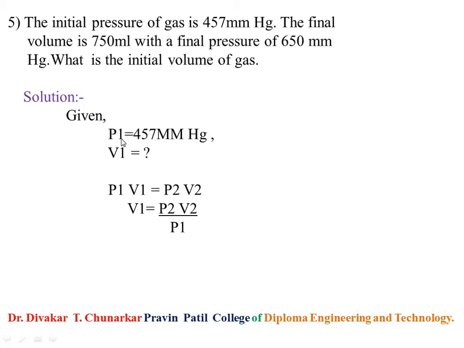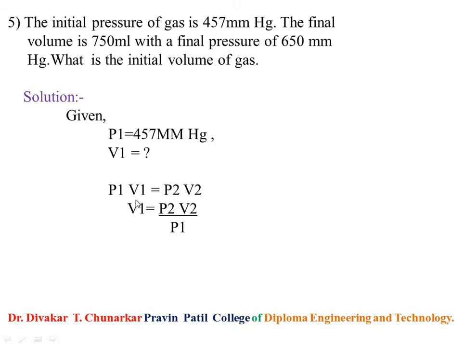So P1 equal to 457 mm mercury. V1 equal to question mark because we have to find the value of V1, that is the initial volume. P1 V1 equal to P2 V2. So V1 equal to P2 V2 upon P1. P1 is the initial pressure, V1 is the initial volume, P2 is the final pressure and V2 is the final volume.